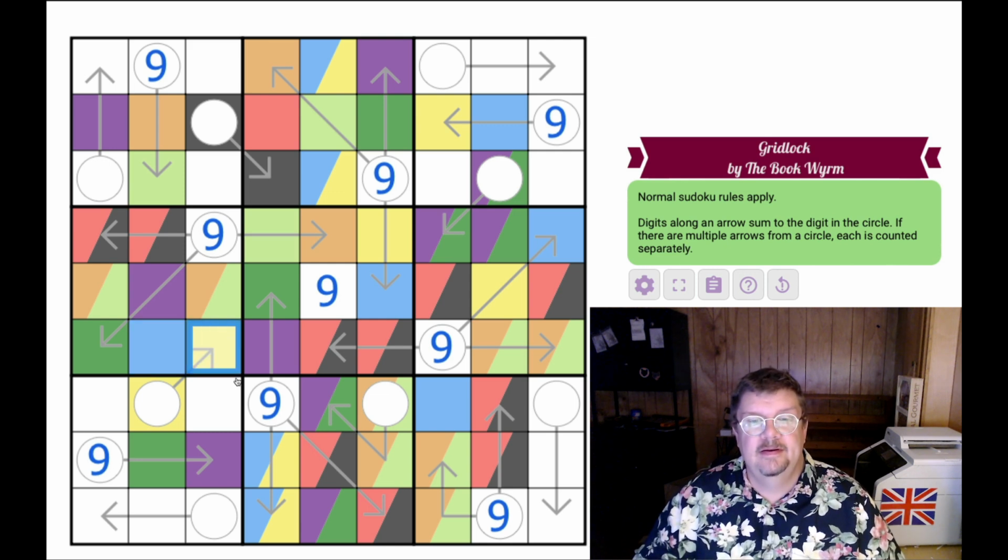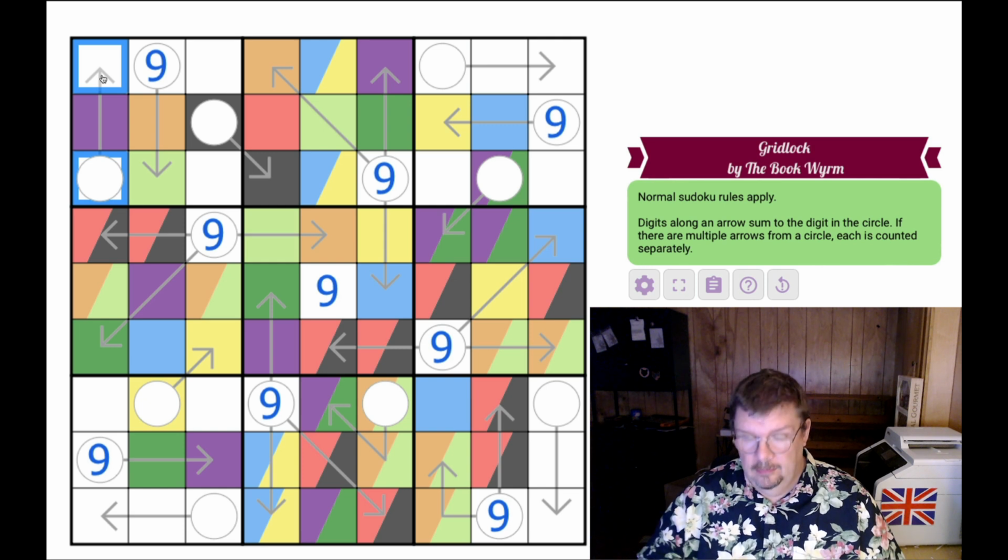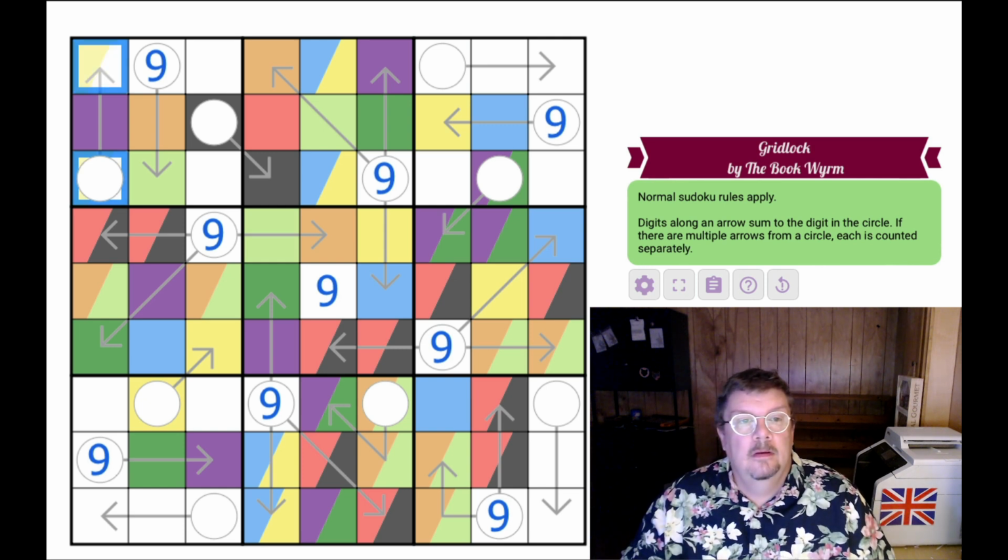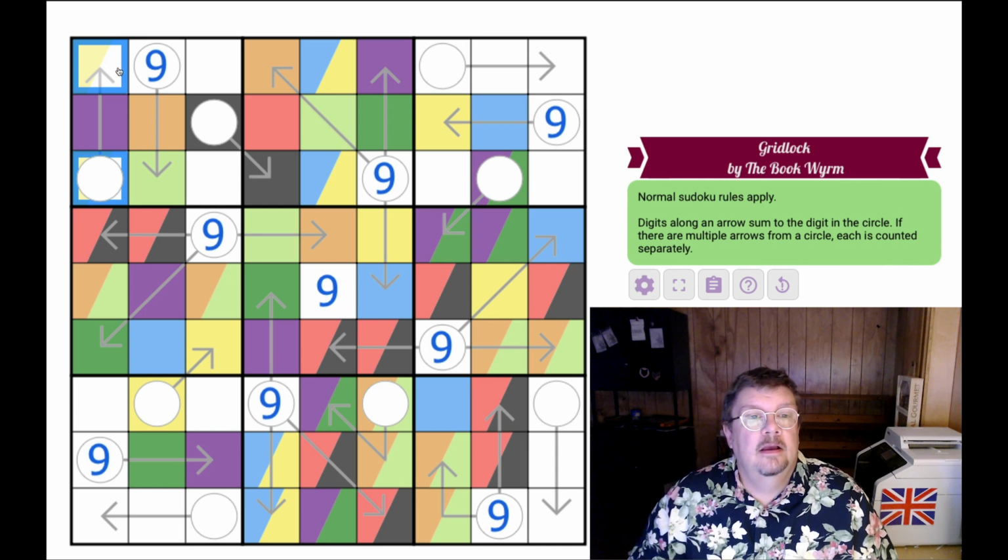There we go. That's much better. So yellow goes on one of those two.